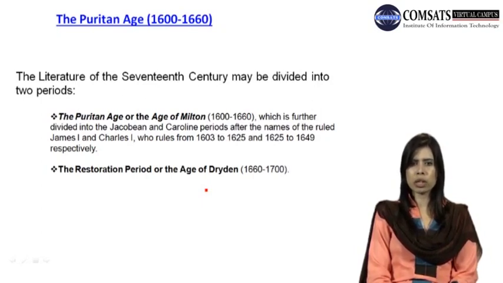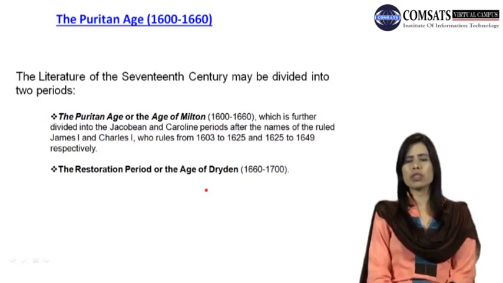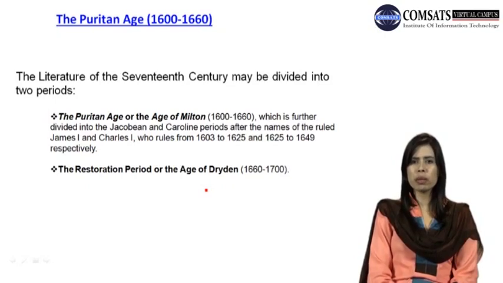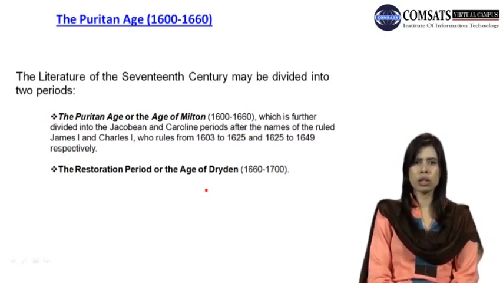Period number one is the Puritan age or the age of Milton. Whenever somebody asks you what you mean by the Puritan age, you can also say that it is the 17th century literature or the age of Milton, which is further divided into the Jacobean and Caroline periods after the names of the rulers James I and Charles I, who ruled from 1603 to 1625 and 1625 to 1649 respectively.